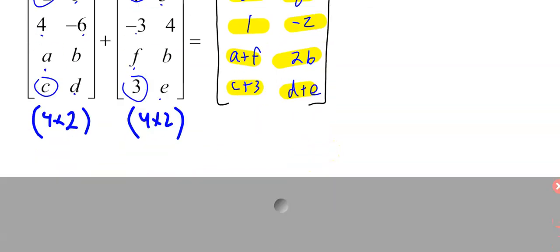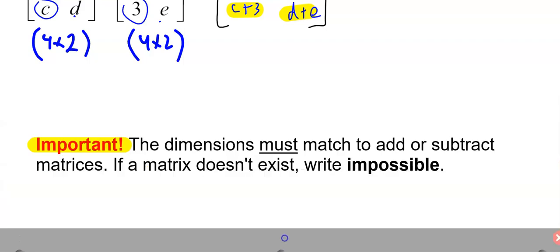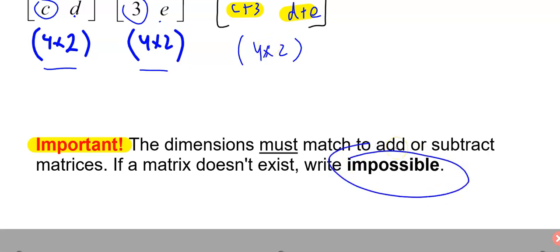You're just going to add each corresponding entry. And this is important. Sometimes you get 2 matrices. These two had the same exact dimensions. Row by column were the same, so we can add them, no problem. The resulting matrix will also be a 4 by 2. However, sometimes the dimensions don't match. If that's the case, what do you write? You say impossible.